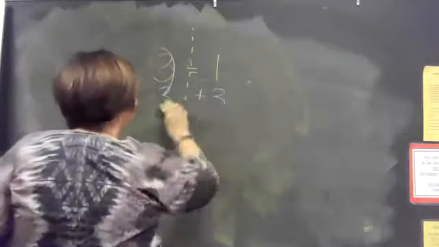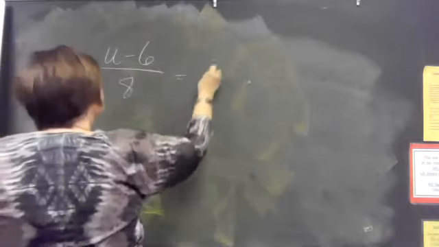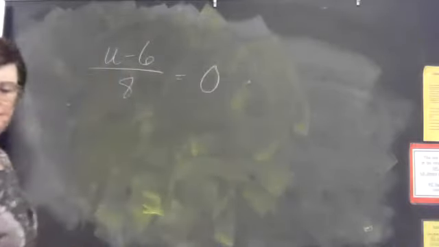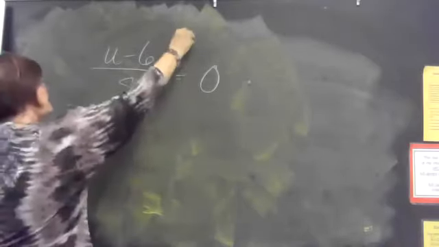Okay, number 6. U minus 6 over 8. All right. Okay. Line down through the equal sign. We only have one variable.